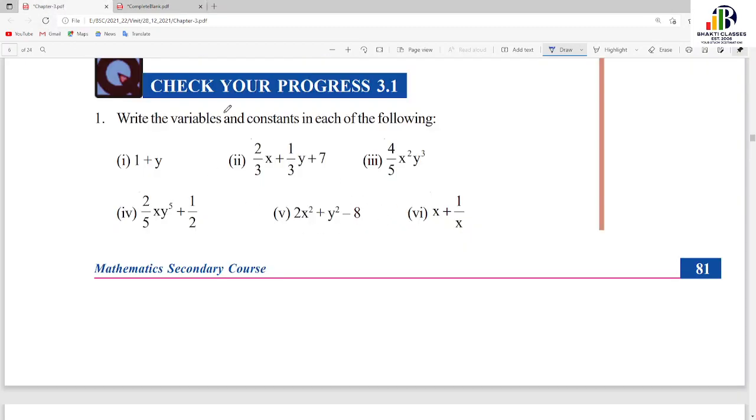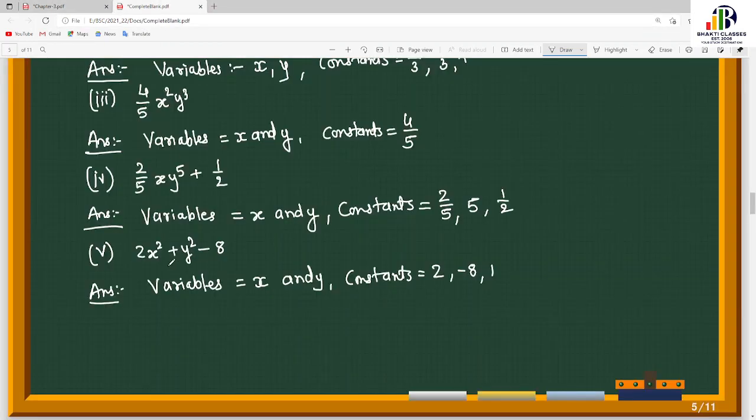So now we are doing the sixth one, x plus 1 upon x. It is not a polynomial, still we can write down the variables.